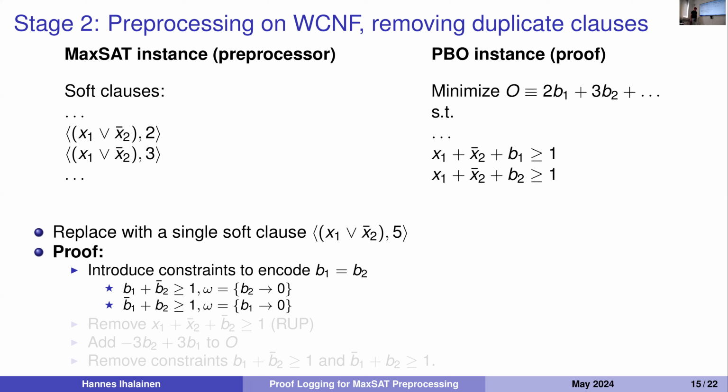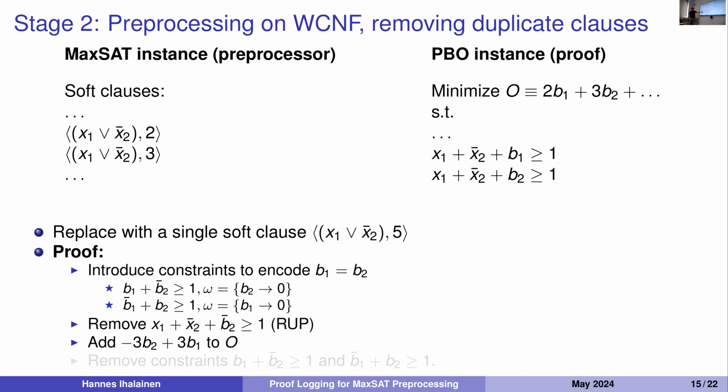So after this is done, we can remove this other constraint. It is now redundant with respect to the other constraints here. You mean like checked deletion? Yes, it's checked deletion. Yes, and these are added to the core. Then we can also update the objective function.